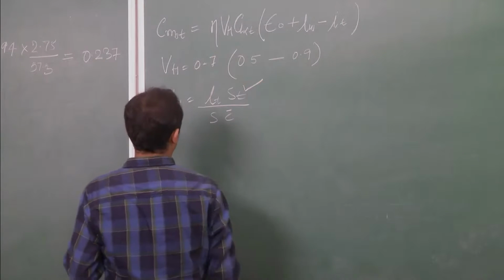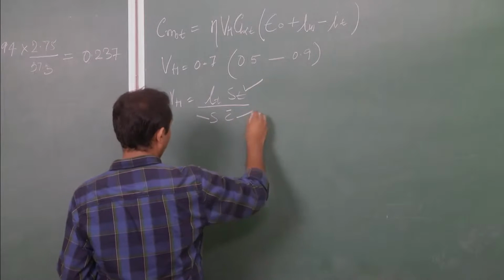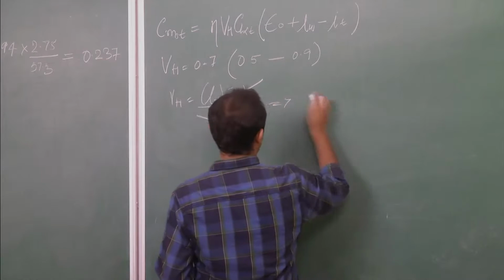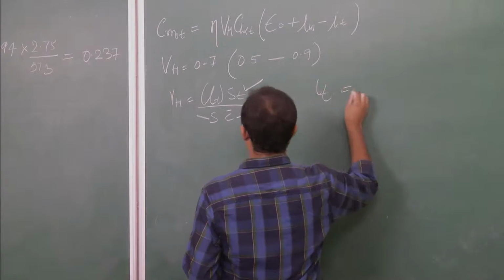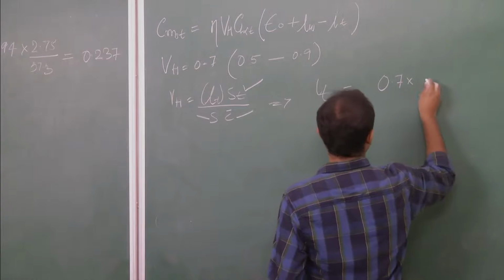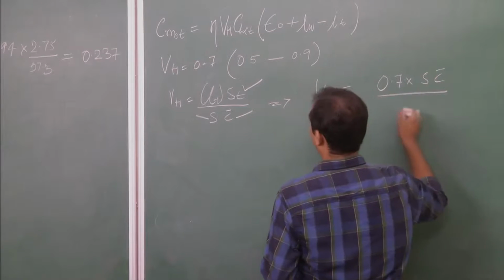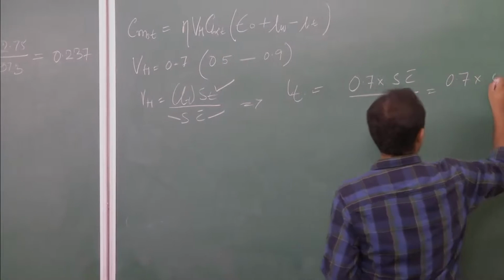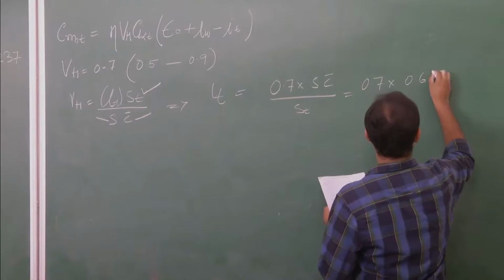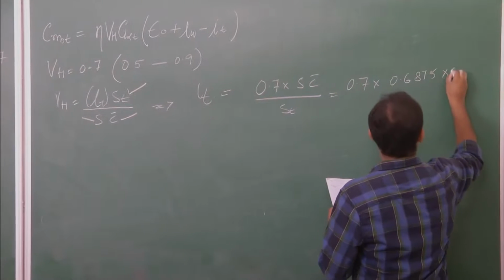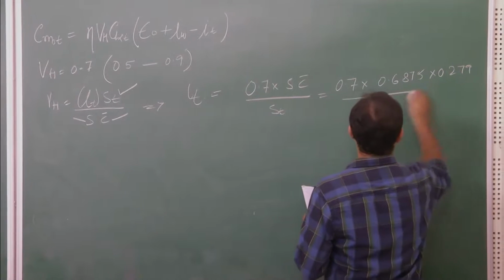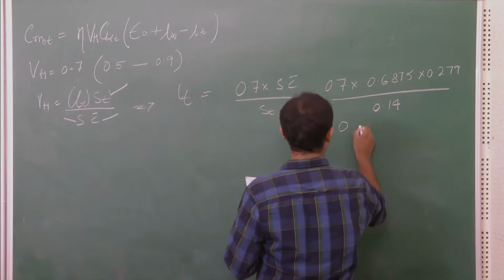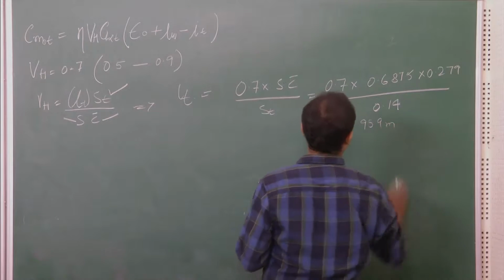We already know area of tail, we already know area of wing, we know mean aerodynamic chord, so we can get tail arm, which is equal to LT equals 0.7 into S C bar by ST, equals 0.7 into 0.6875 into 0.279 divided by 0.14, which will give me 0.959 meters.